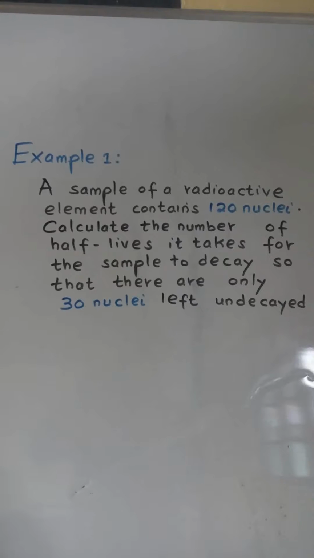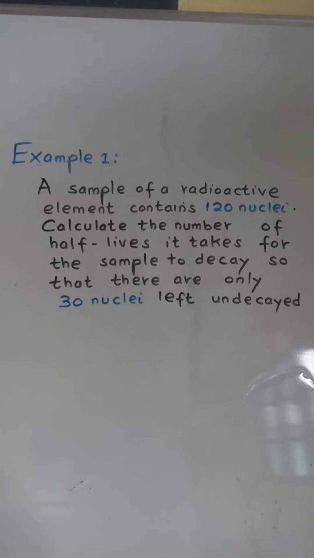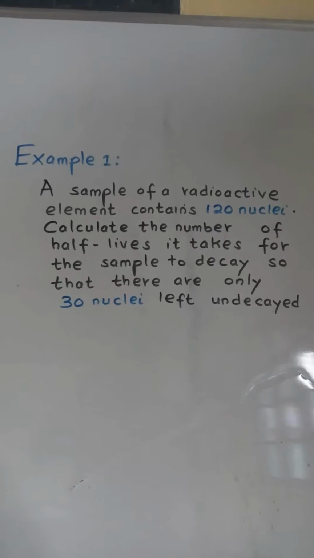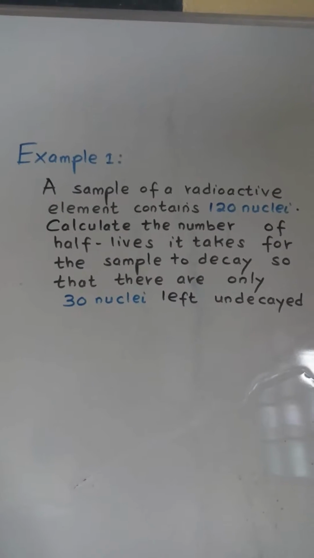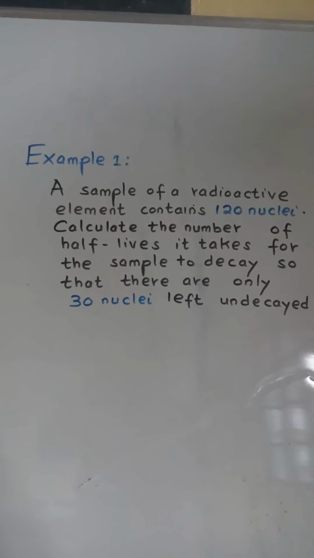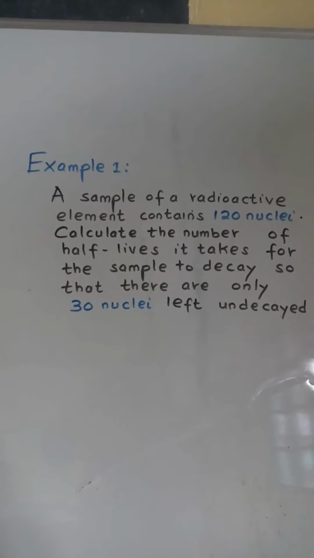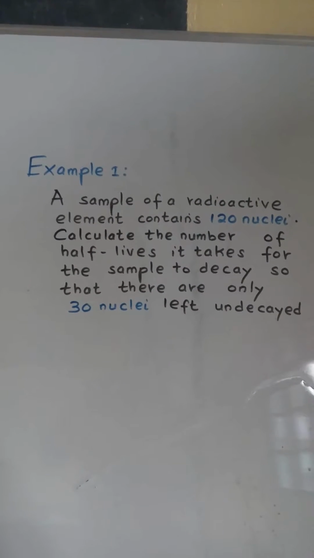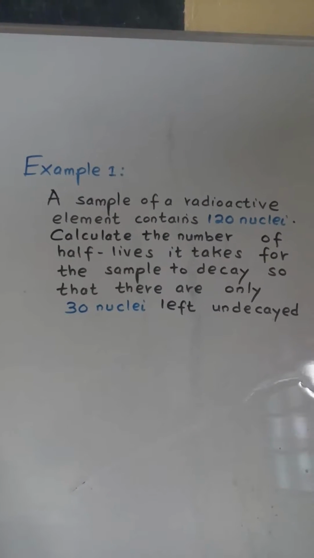Example number 1. A sample of a radioactive element contains 120 nuclei. Calculate the number of half-lives it takes for the sample to decay so that there are only 30 nuclei left undecayed.